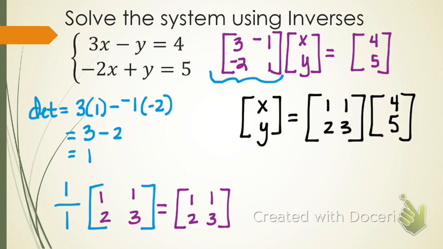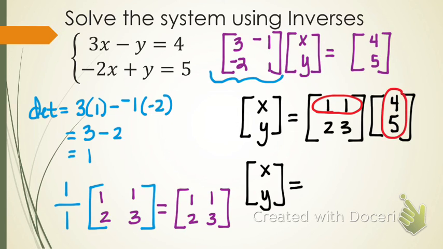And when we multiply that, we take this top row and multiply it by 4, 5. So we have 1 times 4 plus 1 times 5.